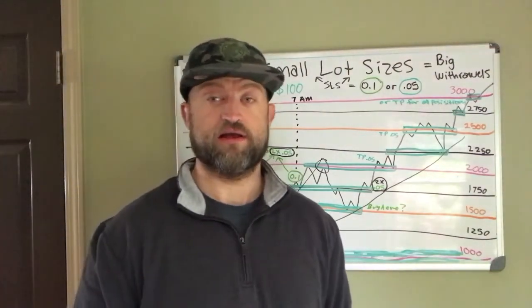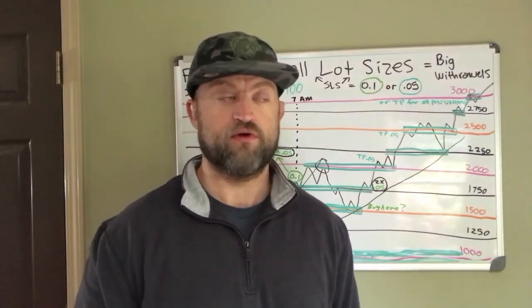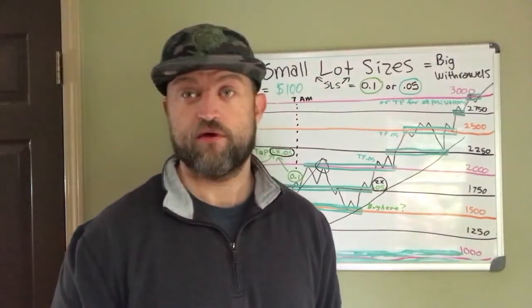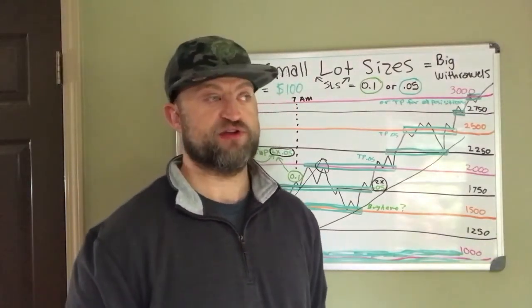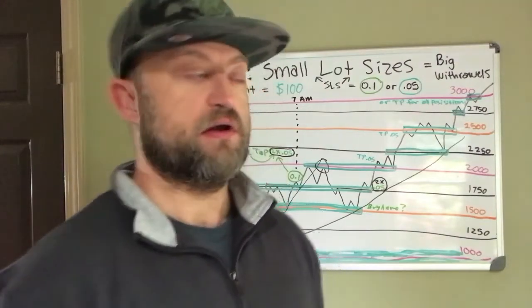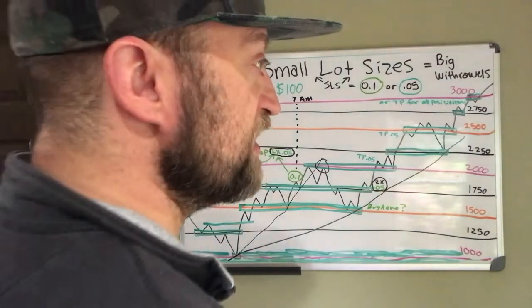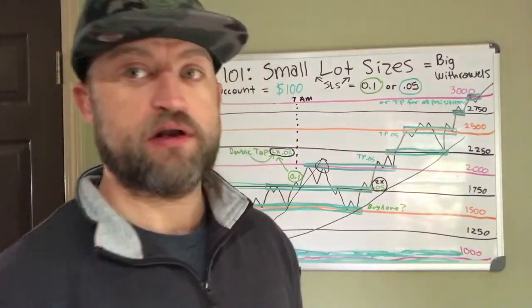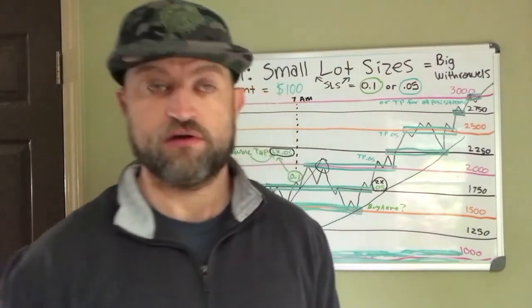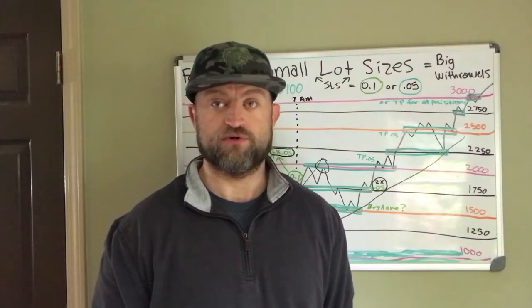A lot of times you'll get at least a 500 pip move, or you'll get a 1,000 pip move. Almost every week, multiple times a week, you get 1,000 point moves. Sometimes, occasionally, you'll get more than that. But all it takes is a 0.1 lot position and 1,000 points with your $100 account to make $100 on that position, right?